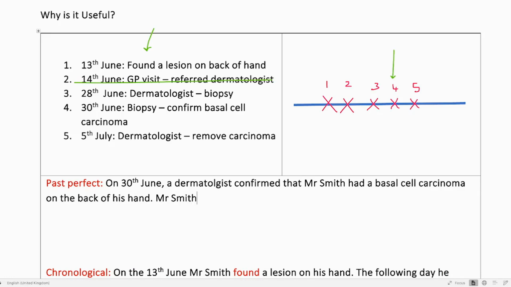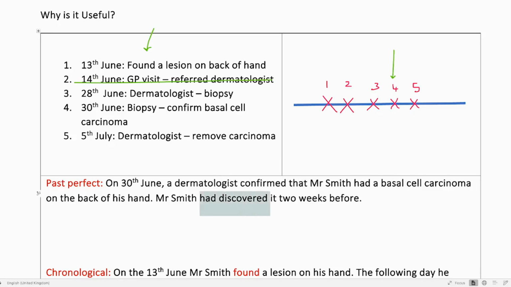Mr. Smith had discovered it 2 weeks before. Okay, I could do that. I've got the past perfect, so I can do that. And if I can do that, then that means I can start my story anywhere I like.